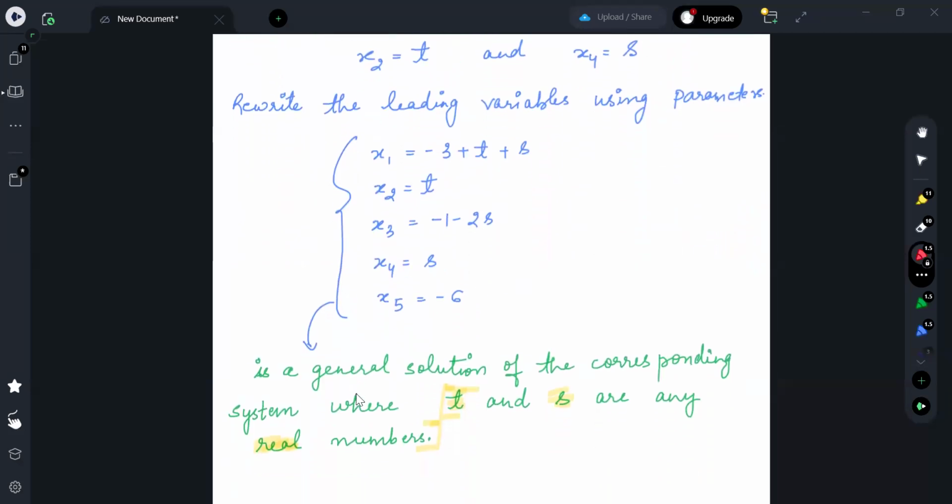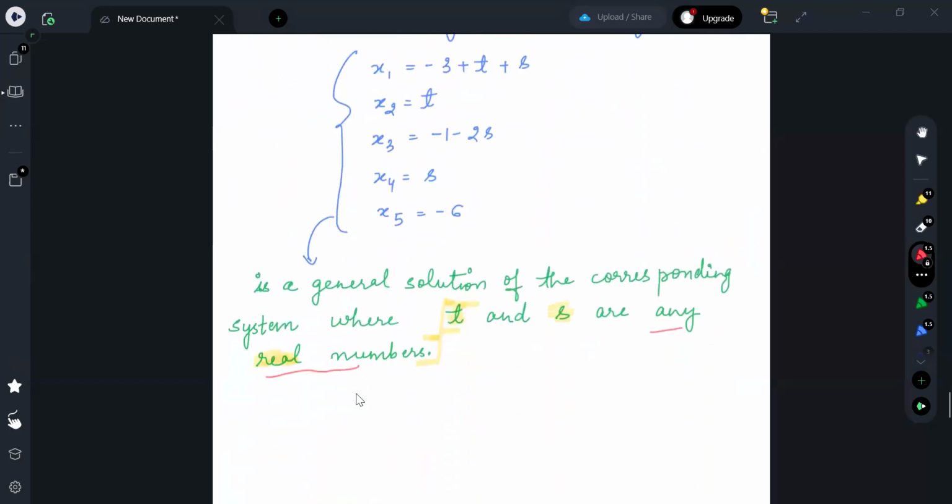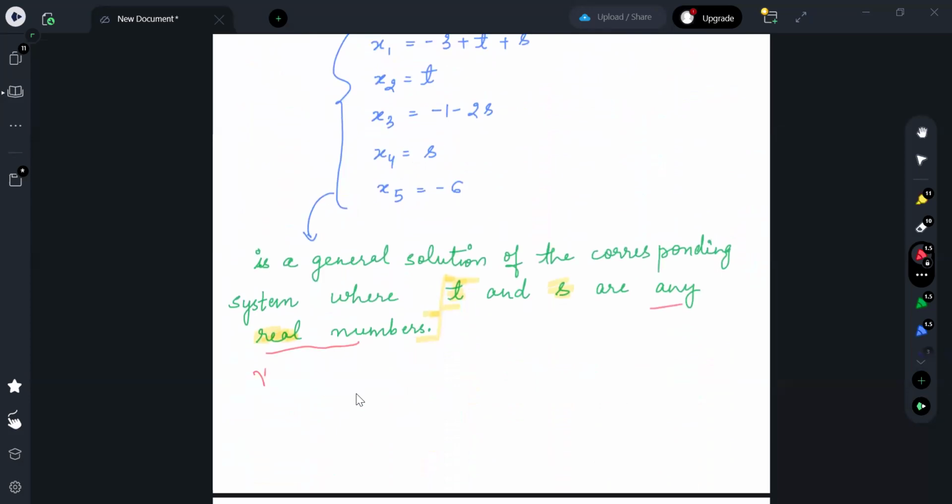Now, t and s could be any real numbers. You pick a value. If you pick any value of t or s, then you get a particular solution for the given system. You could pick t to be 0.